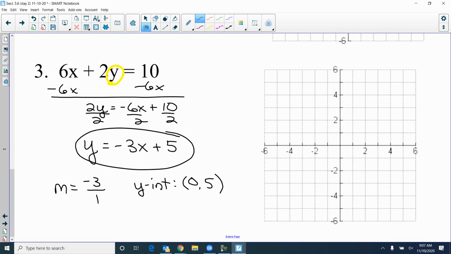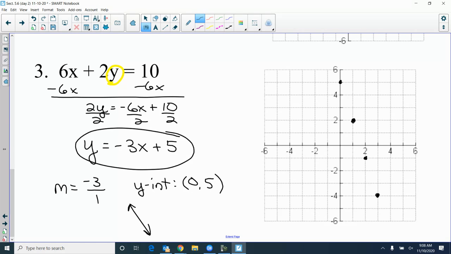Okay, now can we graph it? Yep. 0.5 is this point. Now I can't really go up because I'm out of room. But I can go down, and I have to make sure it's a negative slope. It's going downhill. So if I need to, I go back and review on the front. It tells me to go down 1, 2, 3, and go to the right 1. Go down 1, 2, 3 to the right 1.